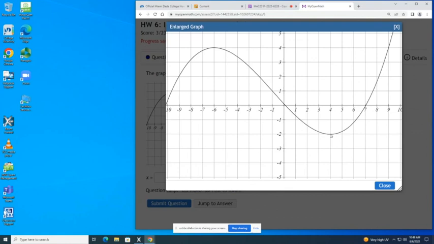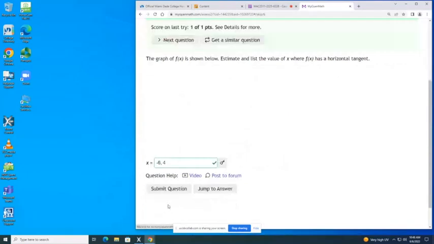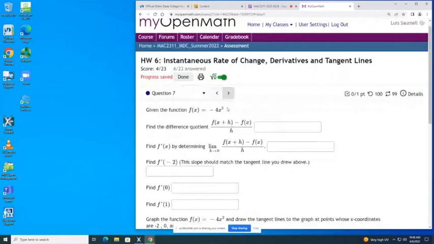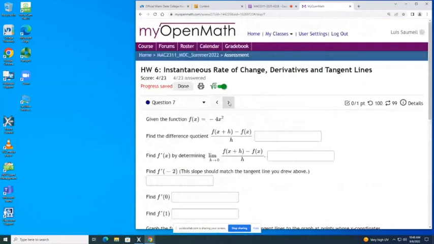And down here is 0 point. Yes. So that's a pretty easy question. So that's -6. All right. So that's just computing difference quotient.